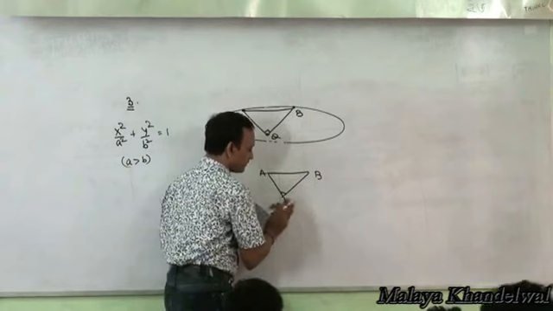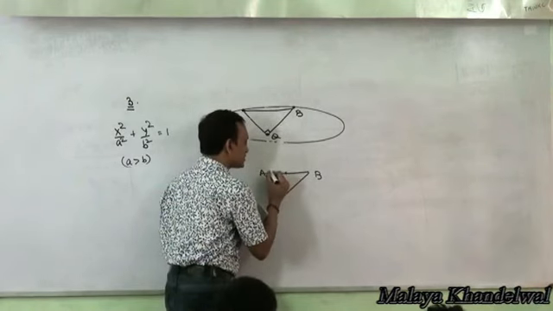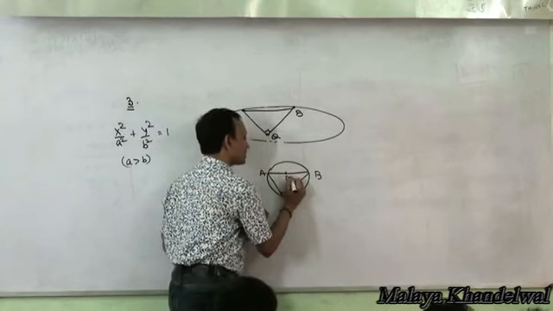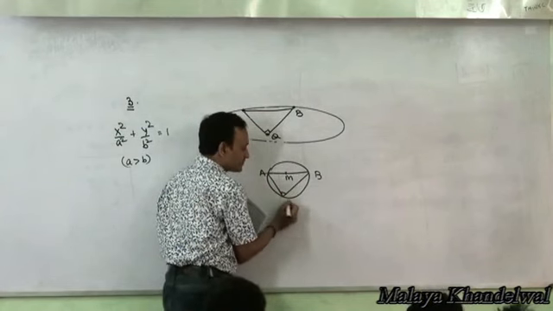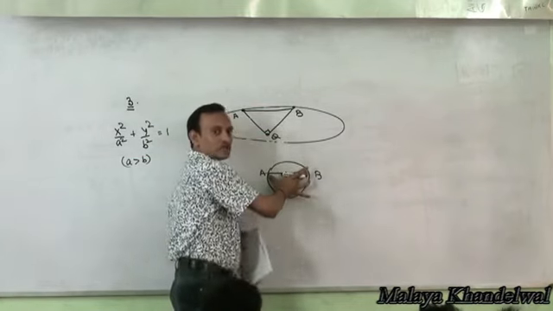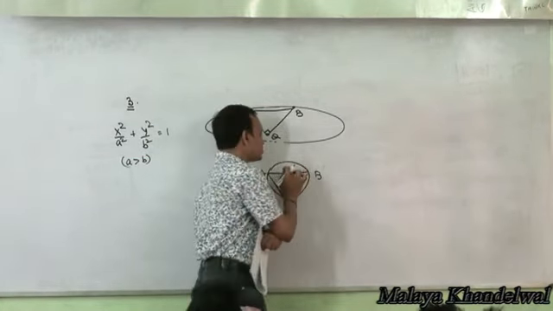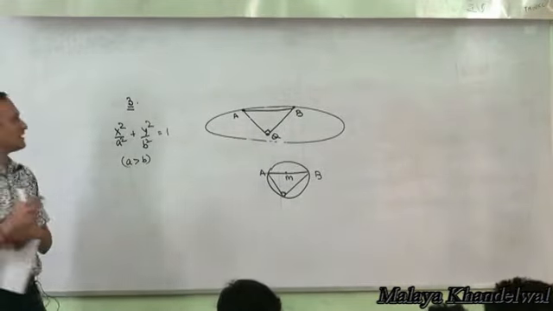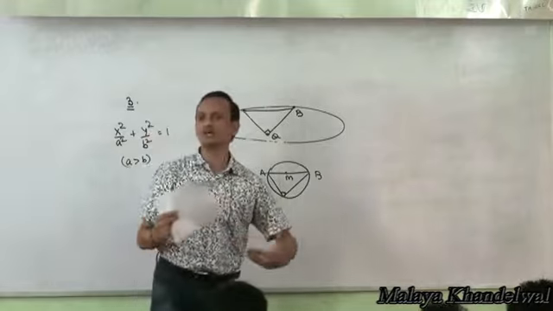If there is a right angle triangle, say AB, then if this is the midpoint, the midpoint of AB would be the center of the circle. This will become angle in a semicircle. This will be the diameter of that circle. Yes or no? For a right angle triangle AQB, the midpoint of the hypotenuse is the circumcenter.